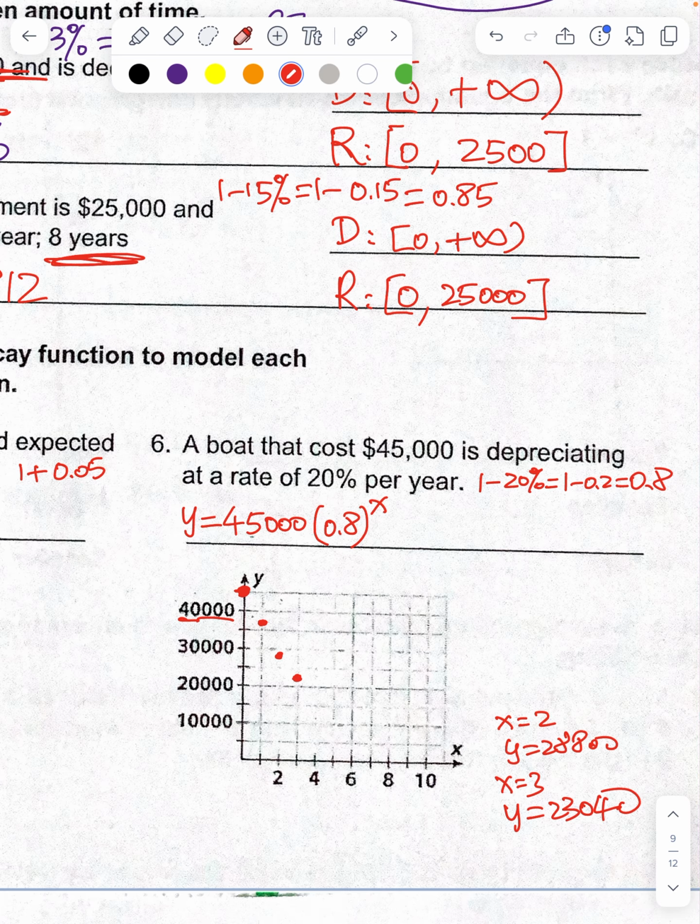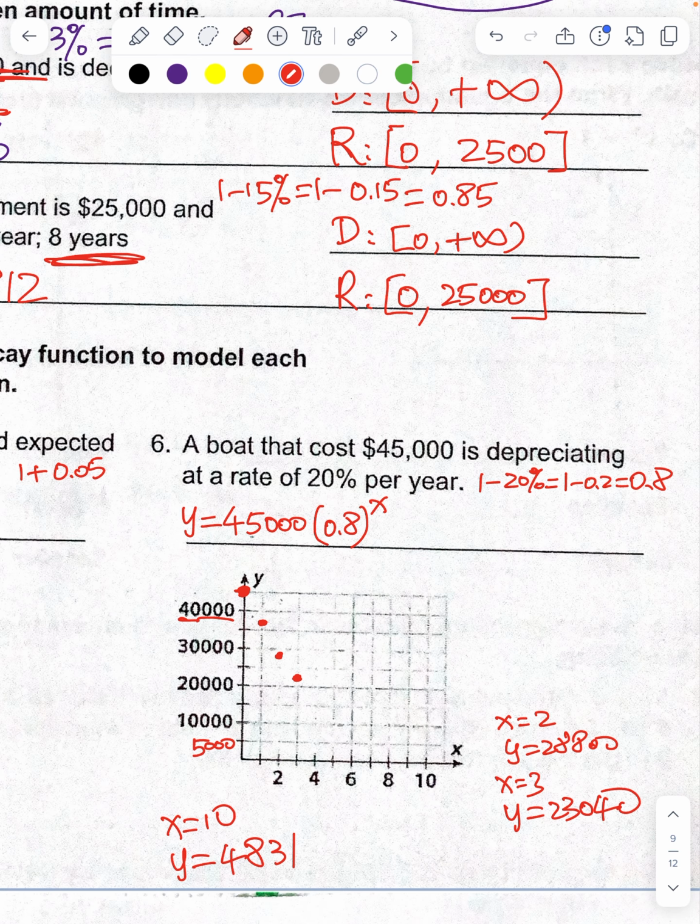Okay. Let me do maybe 8, or maybe let's try 10. 0.8 raised to the power of 10, and then multiply by the initial value 45,000. So when x equal to 10, that means 10 years. After 10 years, the boat only worth 4,831. So here's 5,000, right?